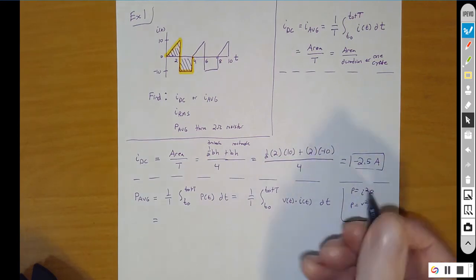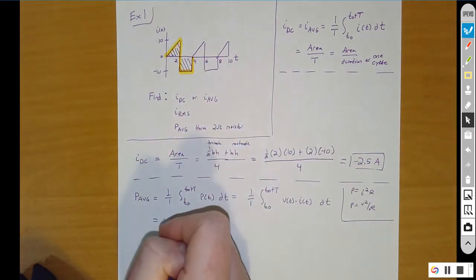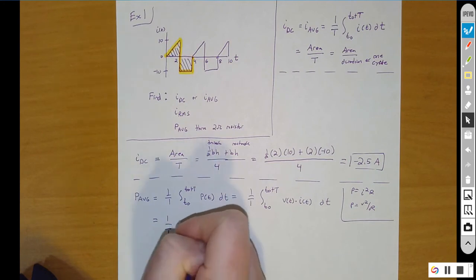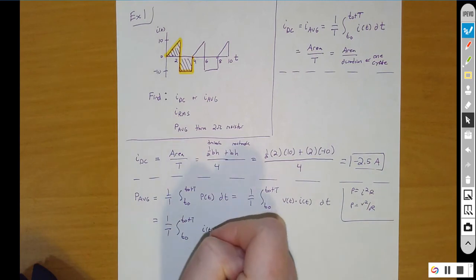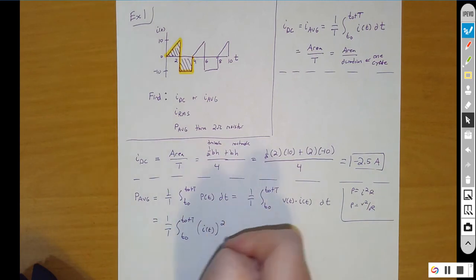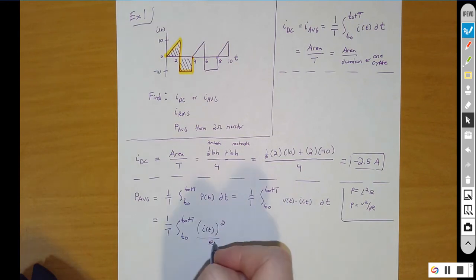We want to use I squared R because we're working with a current here, but it's the same kind of stuff for the other one. Integral from t naught, and we will do I of t, quantity squared, times R. Sorry, we do not need to square the R. Just square the I of t.